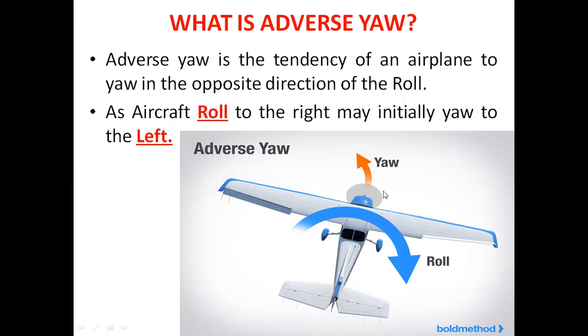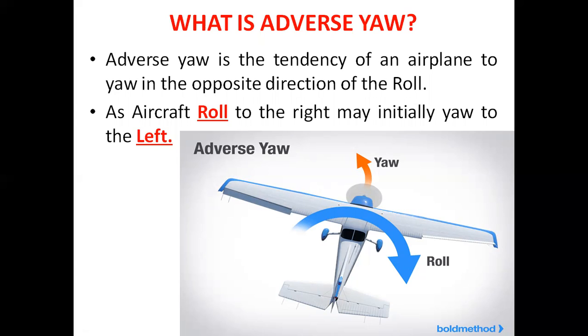The nose, the heading of the aircraft, will change towards the left. That situation is known as adverse yaw. That is required to be countered. As the aircraft rolls to the right, it may initially yaw to the left.